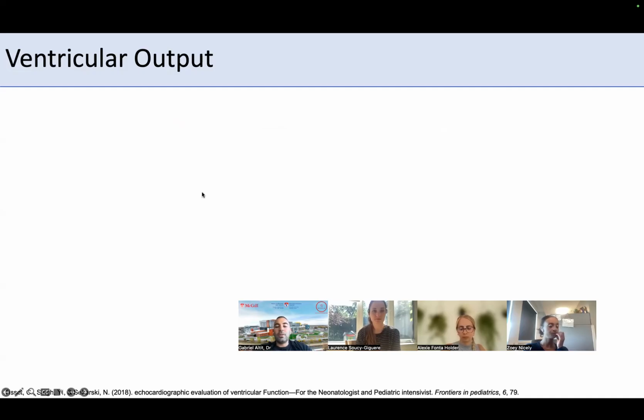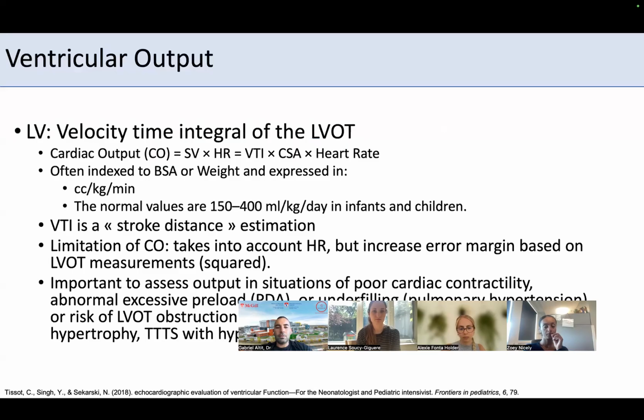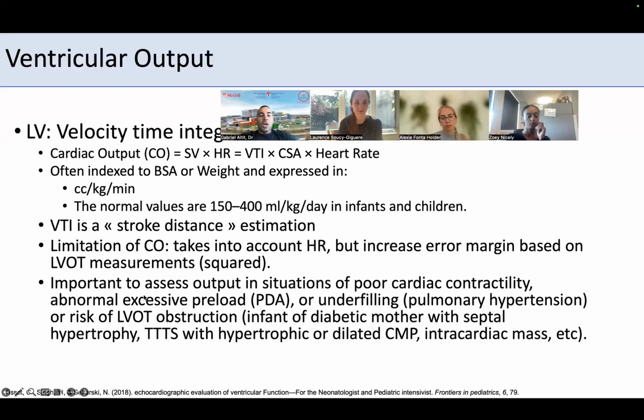They also have higher SVR, so their VTI might be a bit impeded by that because the velocities are generated at a slower pace. So it's important to assess the output in situations of poor cardiac contractility, abnormal excessive preload, underfilling, pulmonary hypertension, for example, LVOT obstruction, blood loss, if you suspect a patient that is very dehydrated.